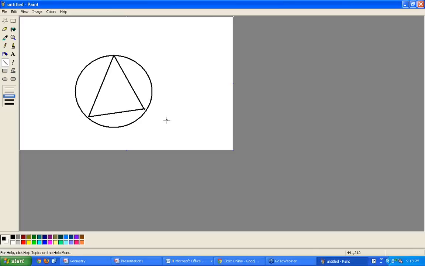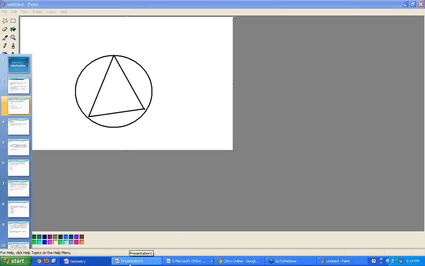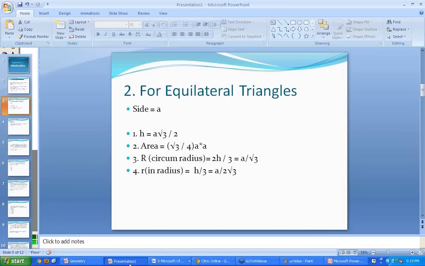A circle which touches all the sides of a triangle is an incircle. Incircle will have in radius, circumcircle will have circumradius. Now the formula for this in radius and circumradius is given here. Circumradius will be 2h by 3.